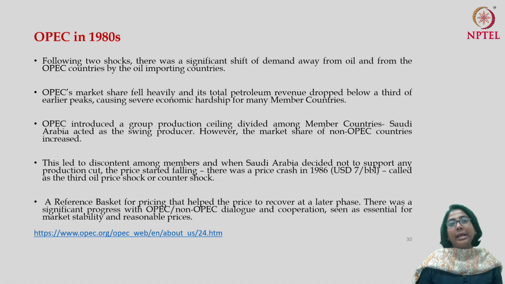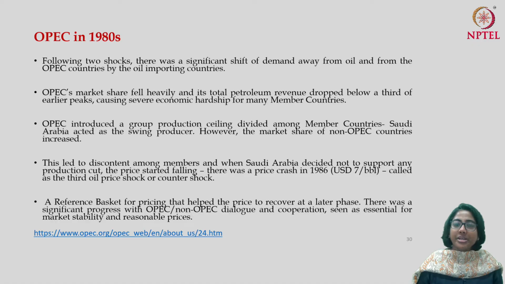The world also realized that OPEC has significant market power, and therefore if you rely only on OPEC for your import, then geopolitically and energy security-wise you are extremely vulnerable. So in the 1980s, there is a lack of demand for oil compared to the previous decade, and a shift from the OPEC countries to other oil importing countries.